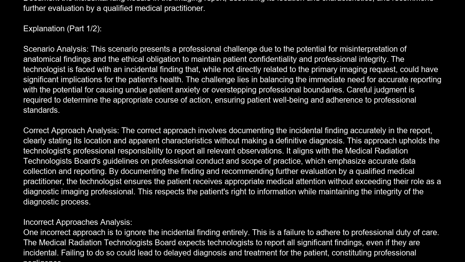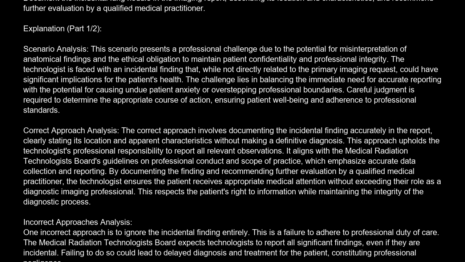By documenting the finding and recommending further evaluation by a qualified medical practitioner, the technologist ensures the patient receives appropriate medical attention without exceeding their role as a diagnostic imaging professional. This respects the patient's right to information while maintaining the integrity of the diagnostic process.